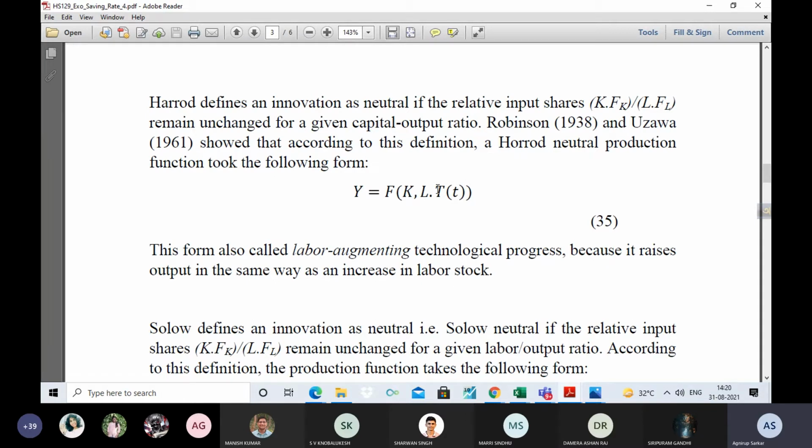So notice that the technology factor, T(t), appears in the production function as a multiple of L. So the technology index remains embedded within labor. We are talking about effective labor, right?